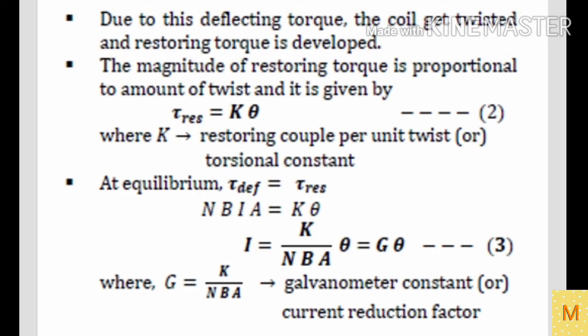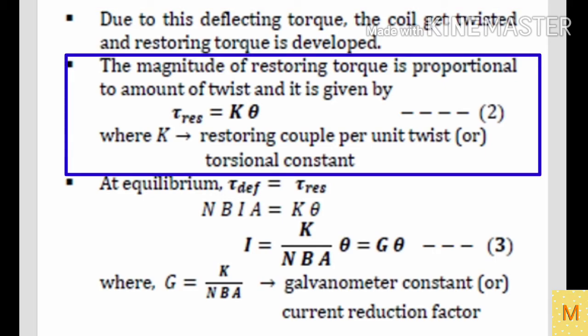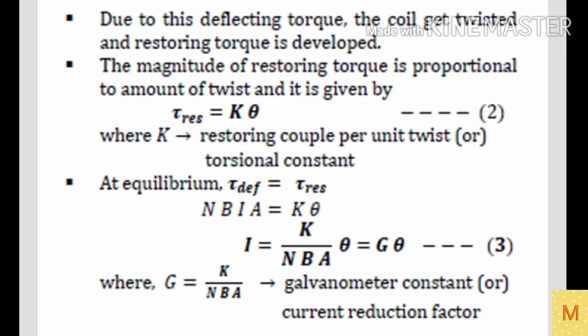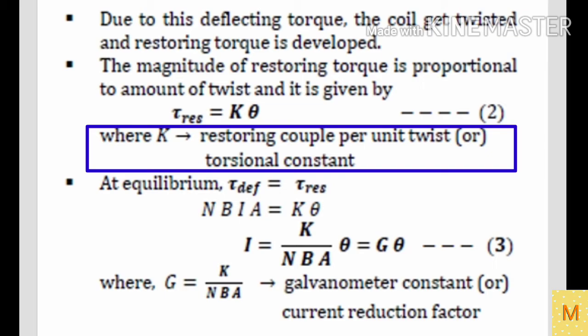The magnitude of restoring torque is proportional to the amount of twist, and it is written as restoring torque is equal to K into theta. This is equation number 2. Here K indicates the restoring couple per unit twist or torsional constant. Once again I repeat, K is known as the restoring couple per unit twist or simply as torsional constant.